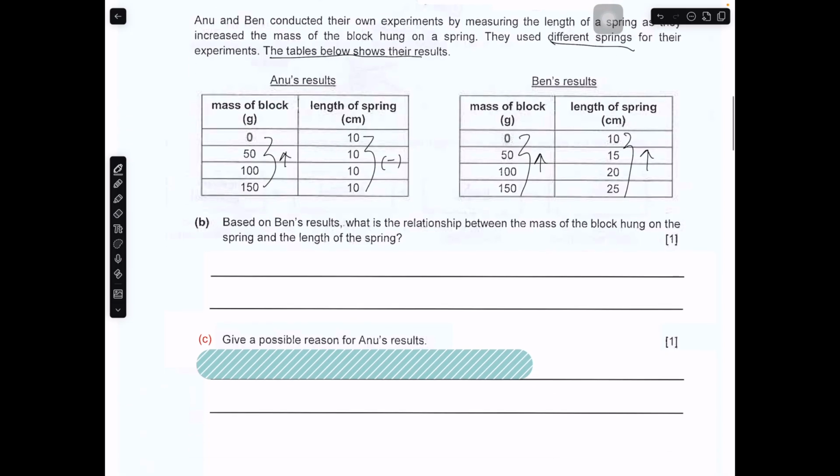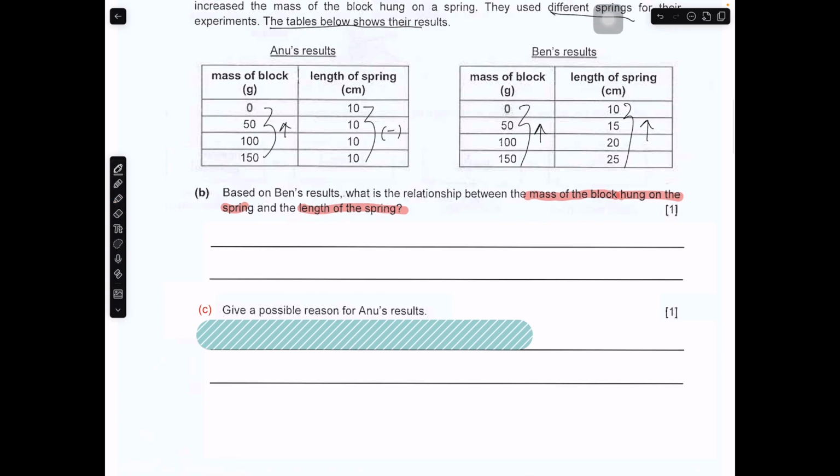So based on Ben's result, what is the relationship between the mass of the block hung on the spring versus the length of the spring itself? This one is a very direct question.